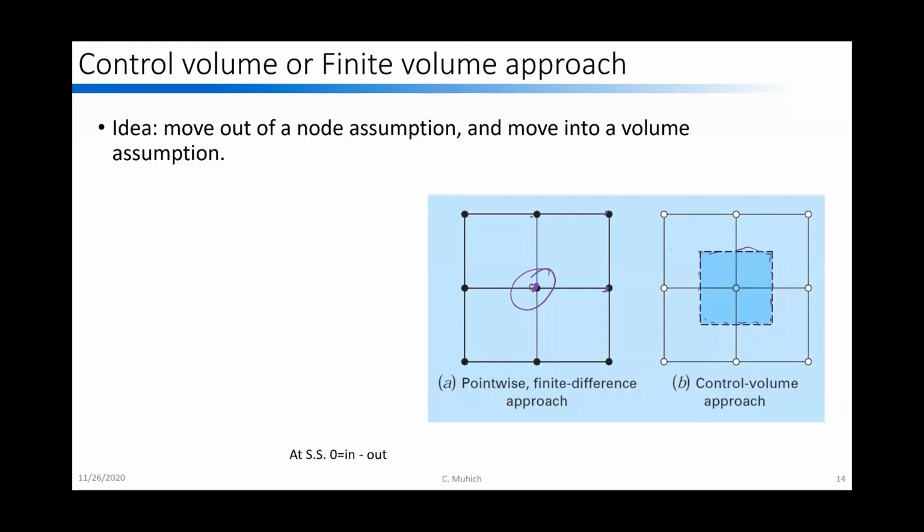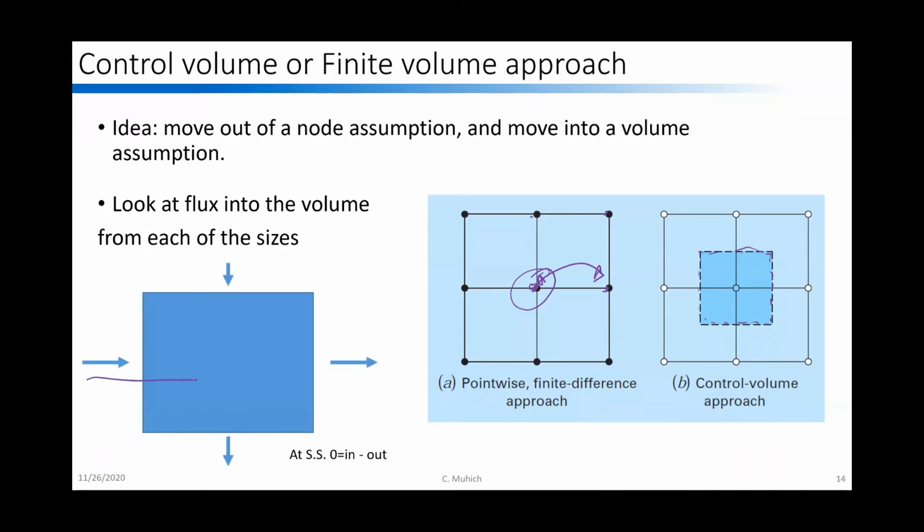Then, instead of saying we're going to have heat transfer between these two nodes, we're going to look at how much stuff goes into the box and how much stuff comes out of the box. We're going to assume at steady state that what's going into the box and what's coming out of the box is equal. So whatever goes in has to come out.